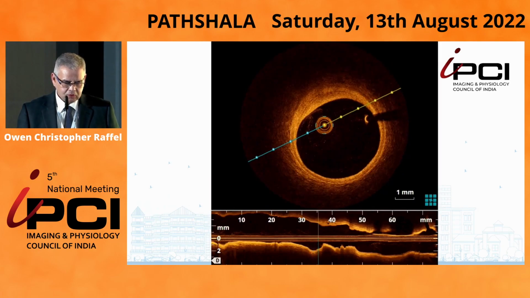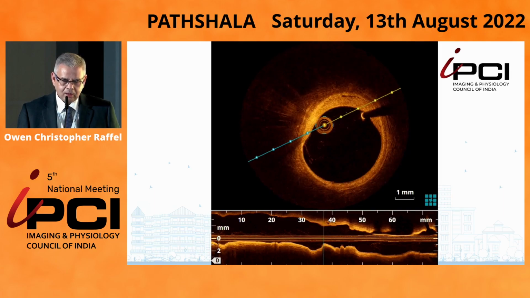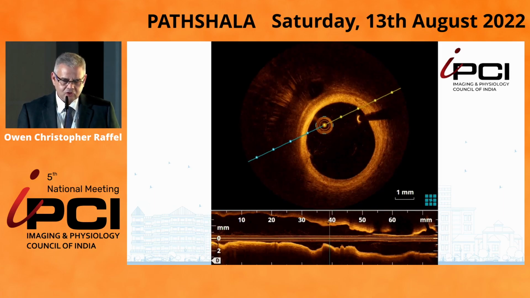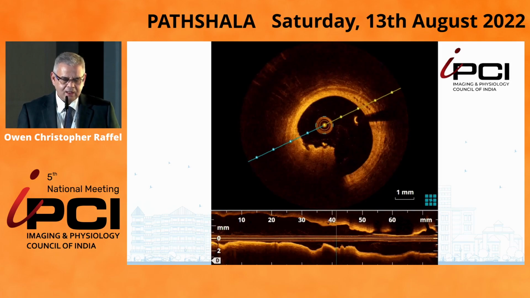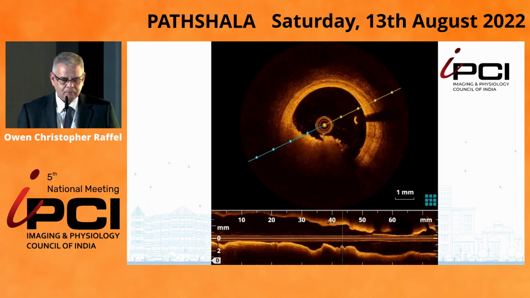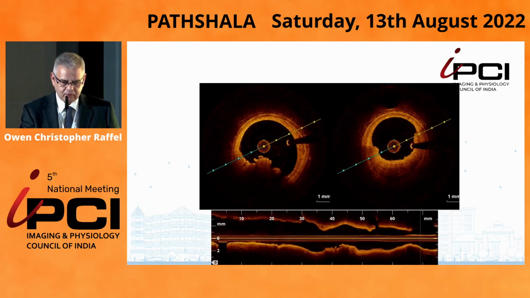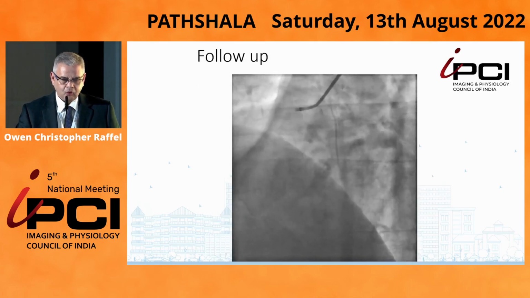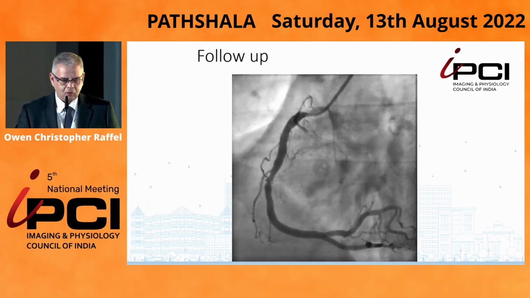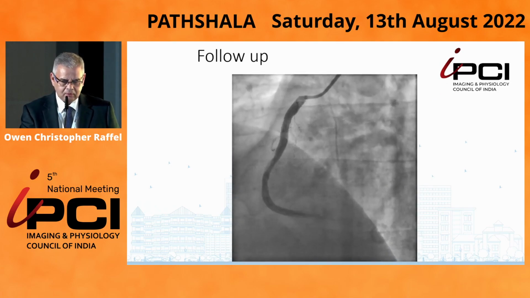If you look around here, just coming up, here you can see clearly this is thrombus, fibrotic plaque, and this is typical of plaque erosion. Follow up a few months later on just medical therapy.